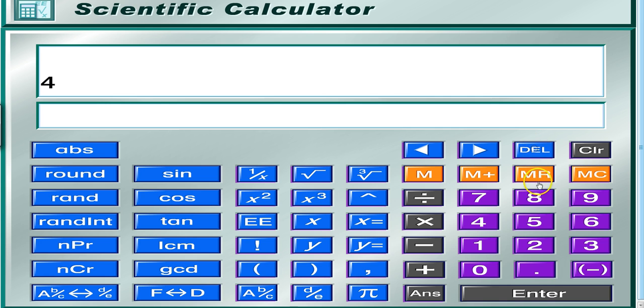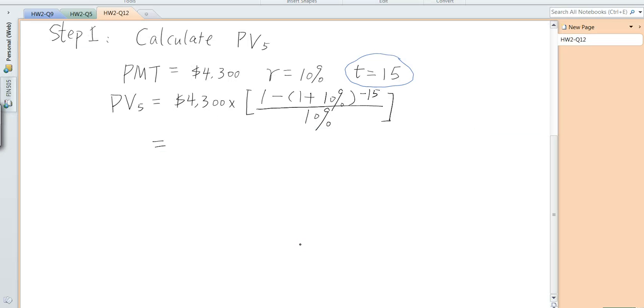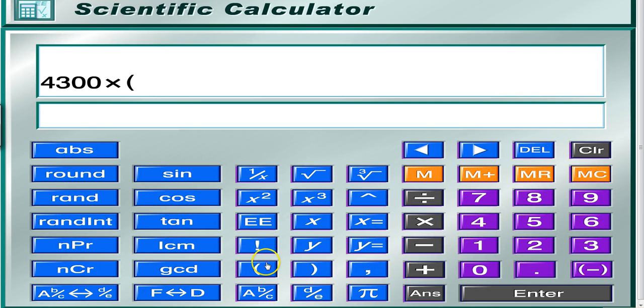Okay, I need to slow down a little bit. Sometimes this is very sensitive. Times. Okay, I guess I need two parentheses signs.